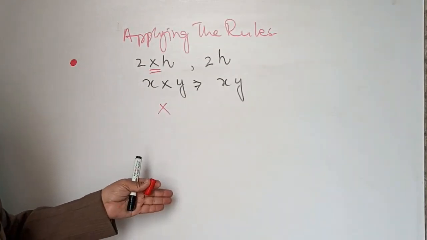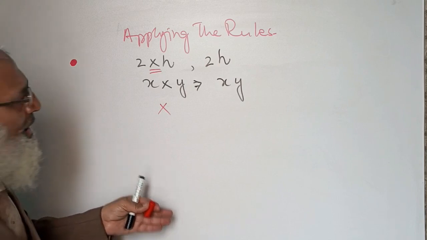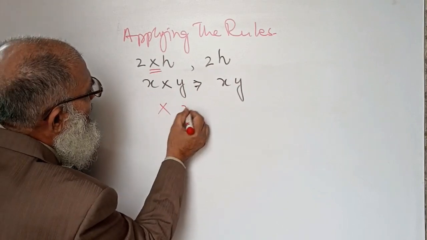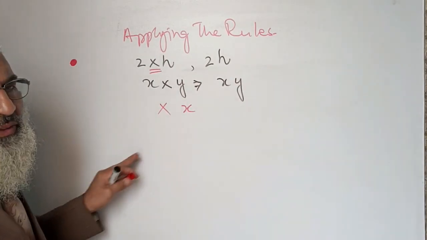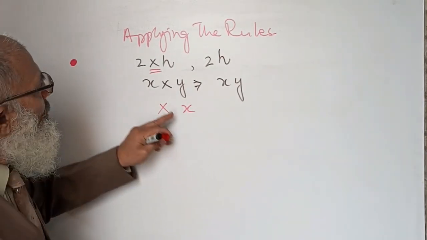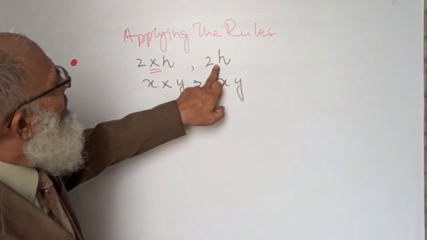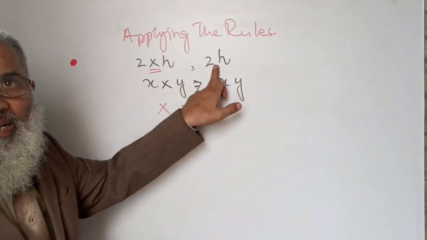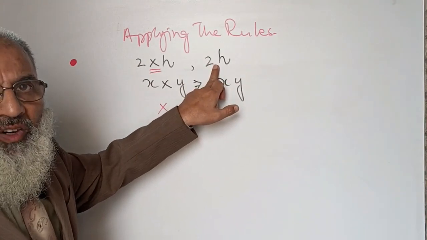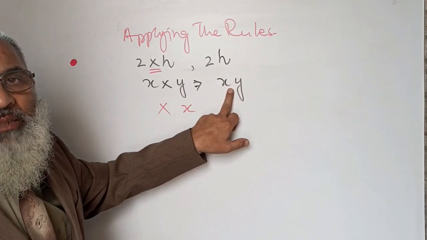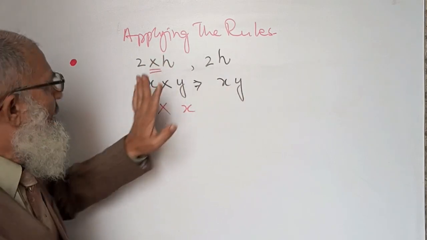There is no harm in writing x like this, but it will mess up with this sign. So there are two reasons. We understand that the multiplication sign is already written in between the two, so we have omitted it.